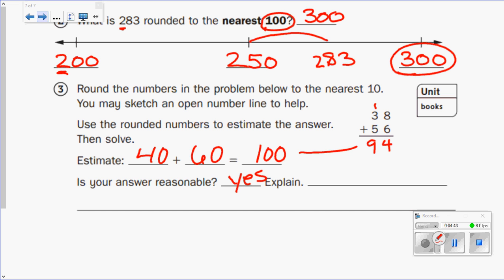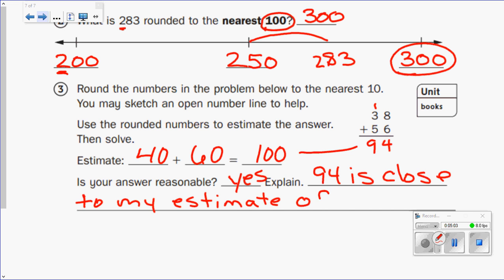And the reason it is reasonable, we want to explain this. We can just say 94 is close to my estimate of 100.